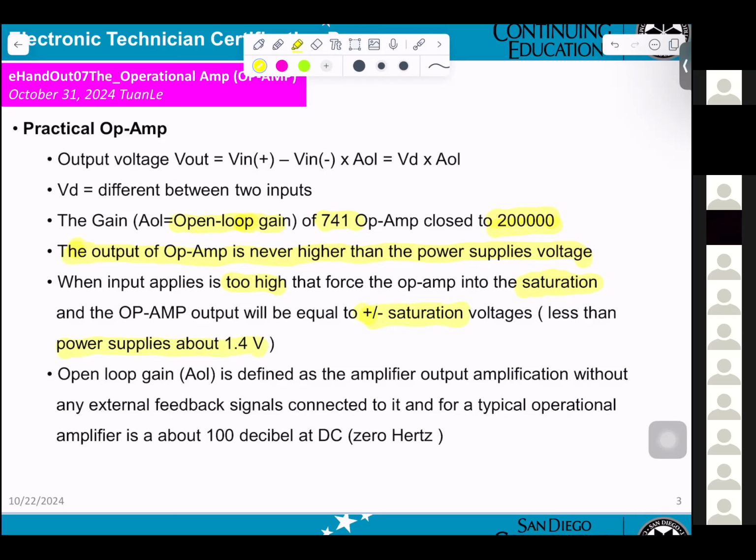If you're using a 15 volt power supply, then when saturated, the output can be 15 minus 1.4 volt. Open loop gain, AOL, is defined as the amplifier output amplification without any external feedback signal connected to it. For a typical operational amplifier, it is about 100 decibels.